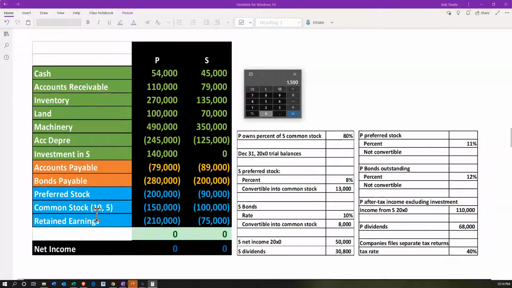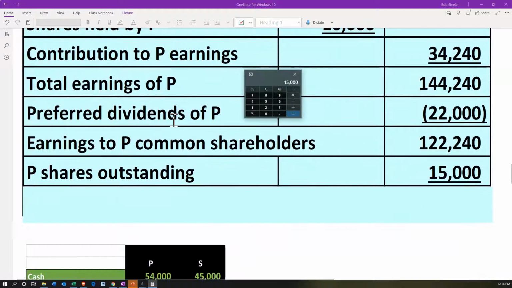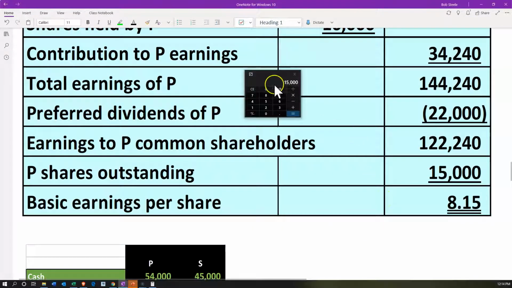So 150,000 divided by the $10 par, we've got the 15,000 shares outstanding. And then finally, we're calculating the basic earnings per share, which is the 122,240 divided by the 15,000, giving us about 8.15.